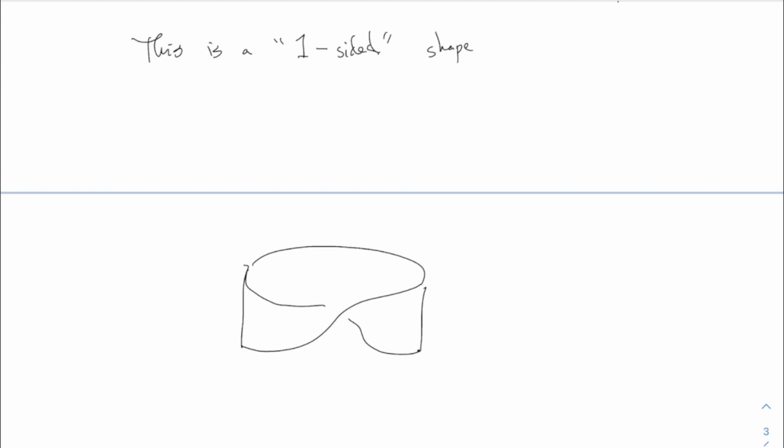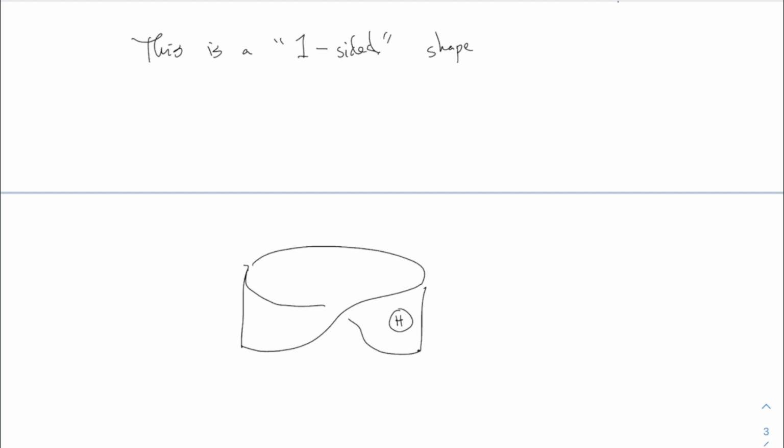If you start with your coin, say here, on the heads side, facing me, and you send it around the thing, it'll go all the way around and come back to this point, but it'll be on the inside, and you'll be looking at the tails side. This is kind of a strange thing.